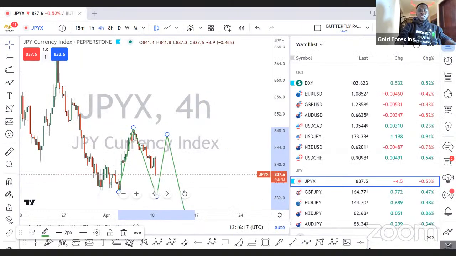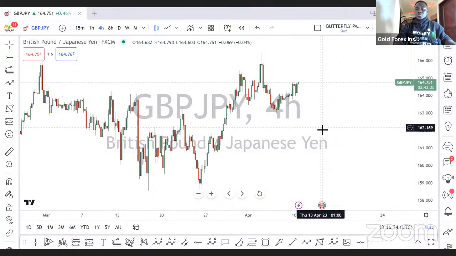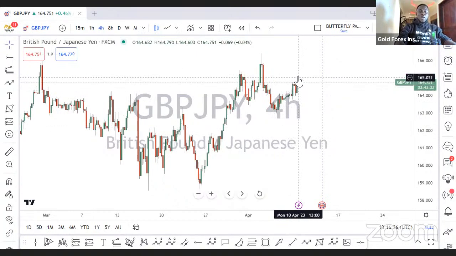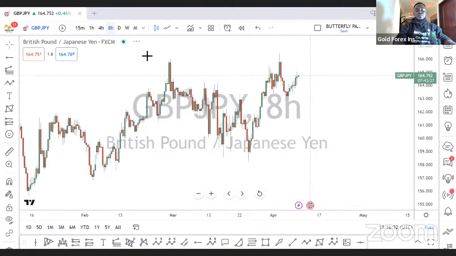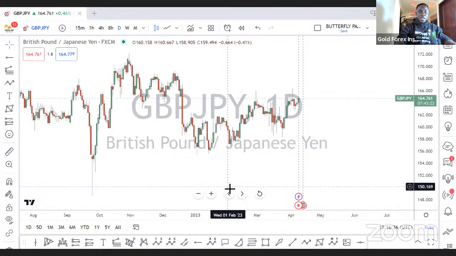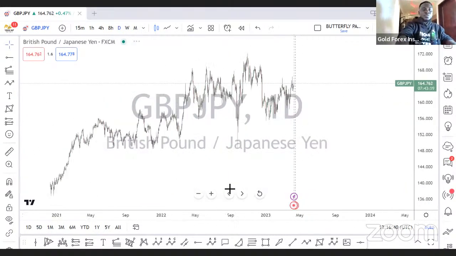That means that for GBP JPY, I'm expecting a buy for now. That's why I closed my pound JPY earlier on, because I'm still expecting some buys. So let me show you why I'm still expecting the buy.